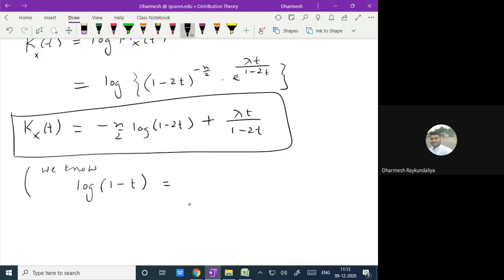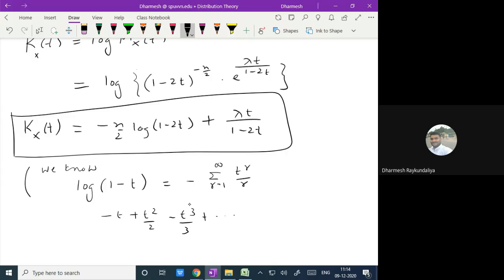It is nothing but minus summation r equal to 1 to infinity t raised to r upon r, because it has the form minus t plus t square by 2 minus t cubed by 3 plus up to.